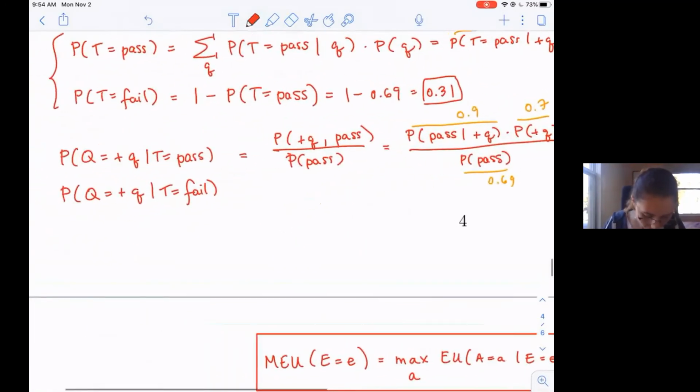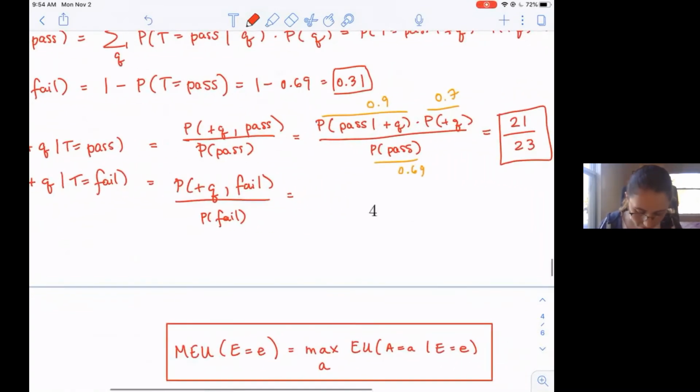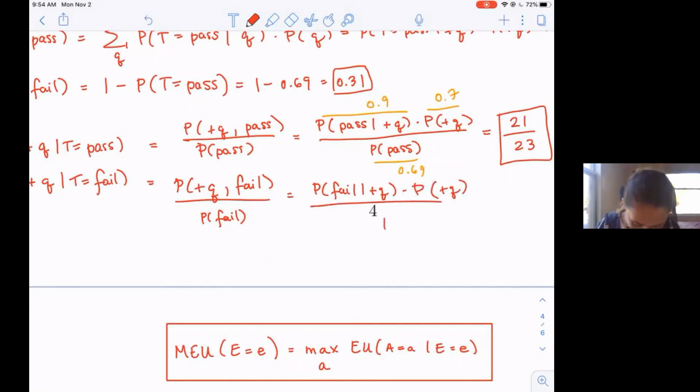What about this other probability that we're interested in? We're going to apply the same procedure. We're interested in P of plus Q and fail divided by P of fail. We can divide this once again into two individual probabilities. The first is the P of fail given plus Q times P of plus Q divided by P of fail.